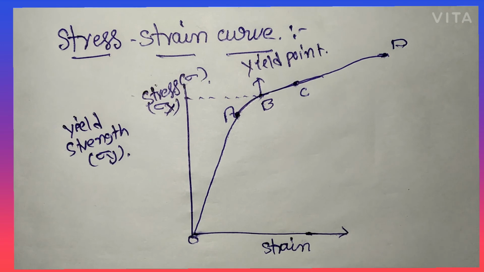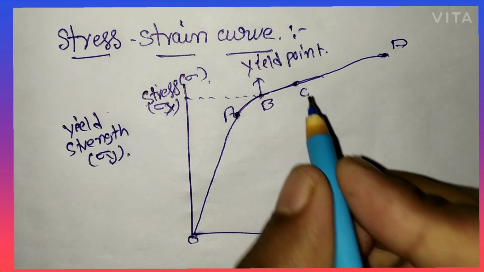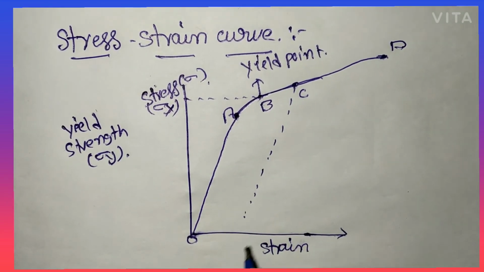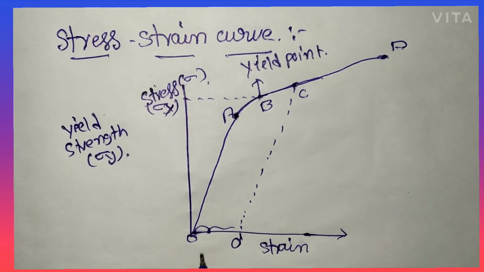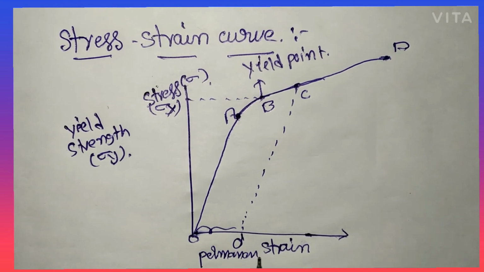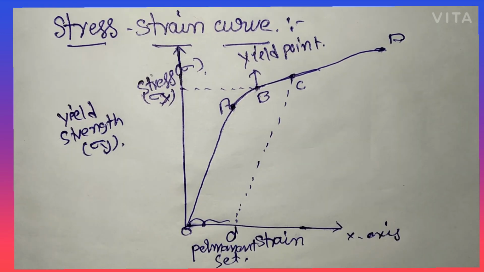In this case, when the stress is zero, the strain is not zero. The material is said to have a permanent set. This is O dash. The deformation is said to be plastic deformation.